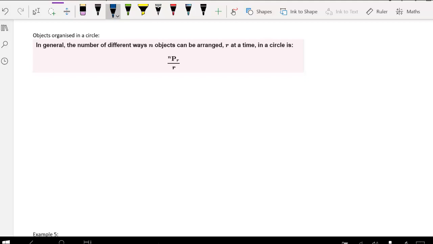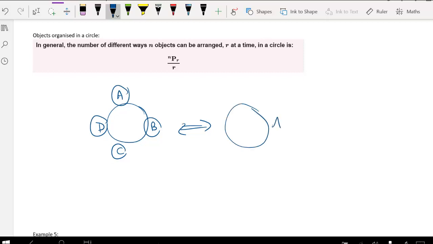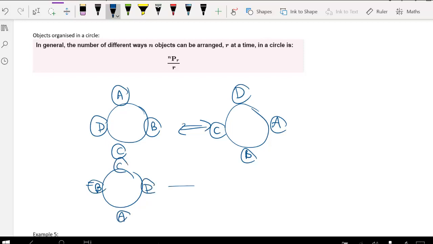So let's say we've got A, B, C, D. Now, the thought is that because a circle doesn't have a starting or an ending point, this arrangement A, B, C, D will be the same as A, B, C, D, and also the same as A, B, C, D, and A, B, C, D. So those 4 arrangements are identical, as there's no start and end point to a circle.